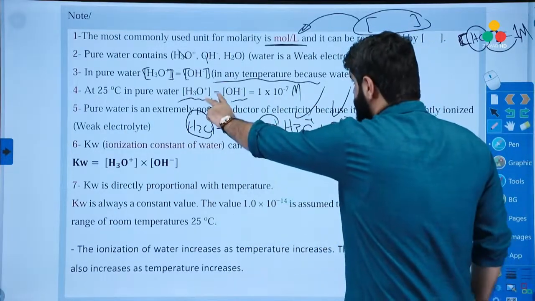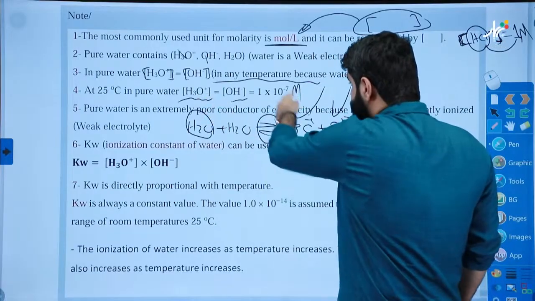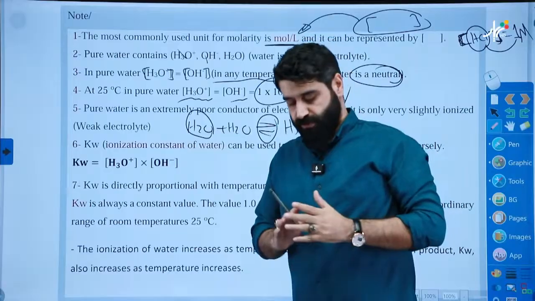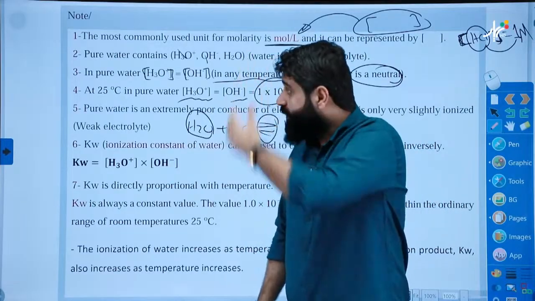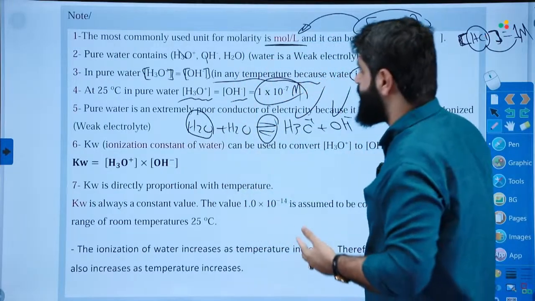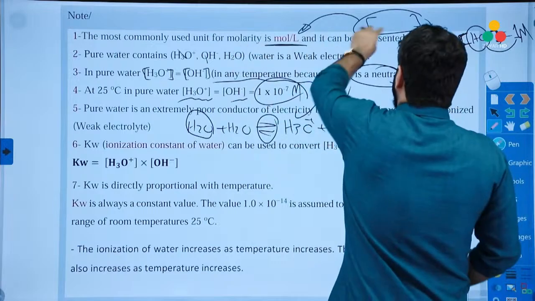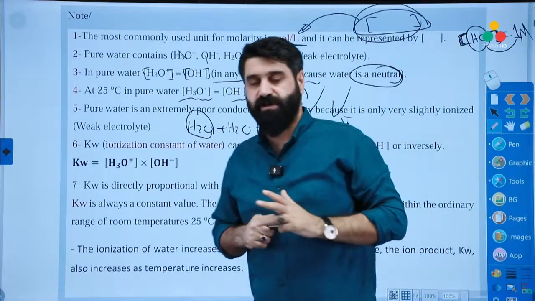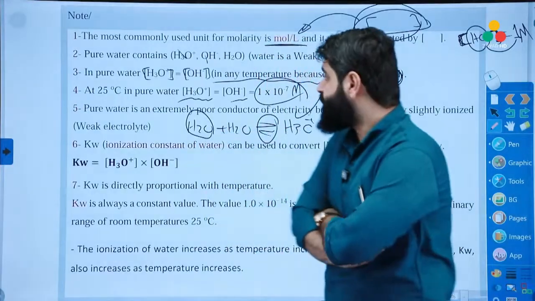So they're always the same in pure water, but this number stands for 25 Celsius degree. Stands for what? 25 Celsius degree. Let's repeat the rest of the points. The unit of molarity is represented by two big brackets. Pure water contains H3O, OH, and H2O itself.